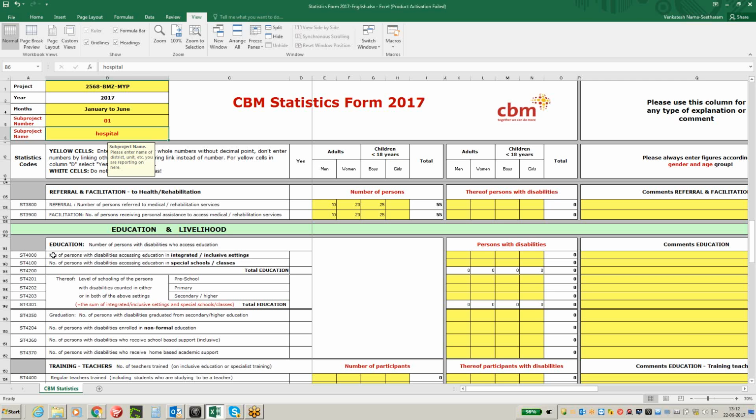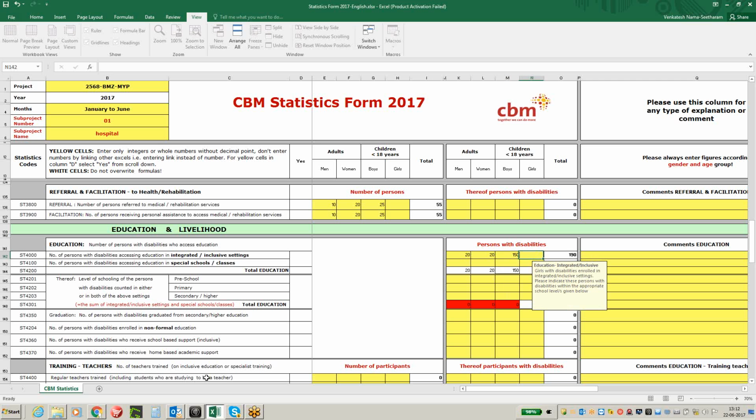On the top, you have education numbers enrolled. Here you see number of persons with disabilities accessing education in integrated or inclusive settings. Say maybe 20 men or 20 women and 150 boys and 100 girls, something like that, in integrated and inclusive settings.